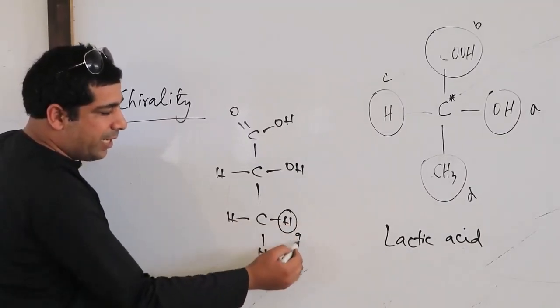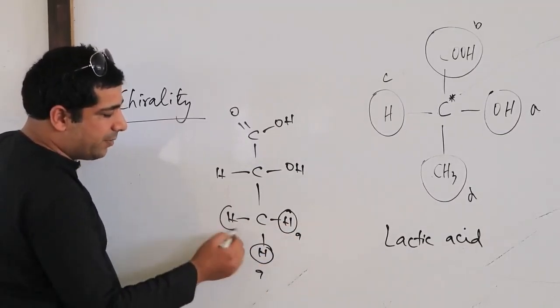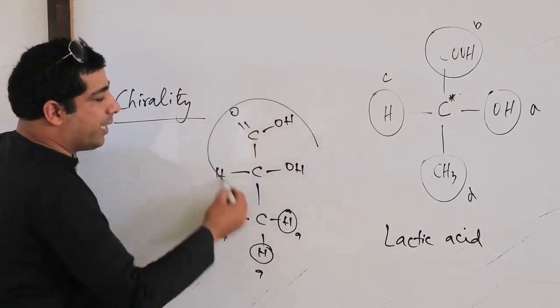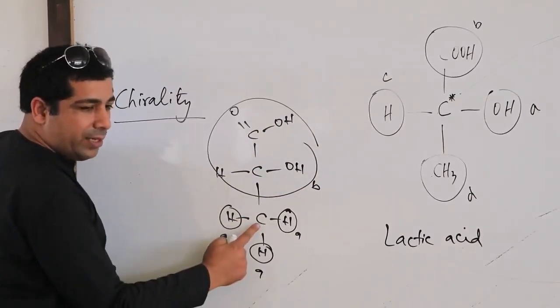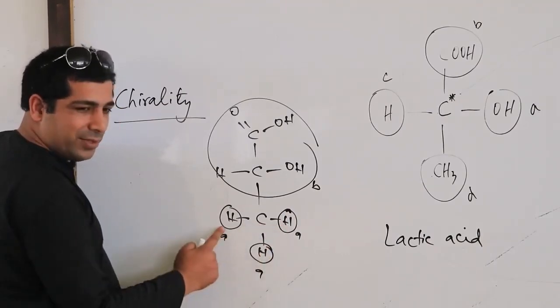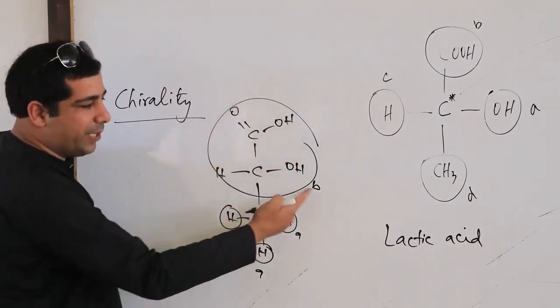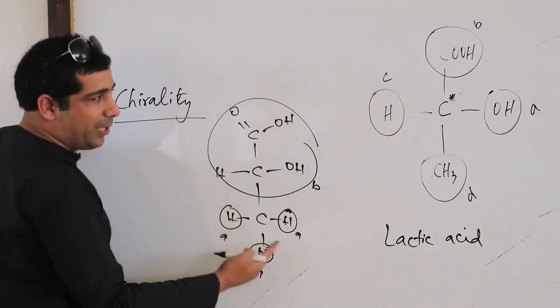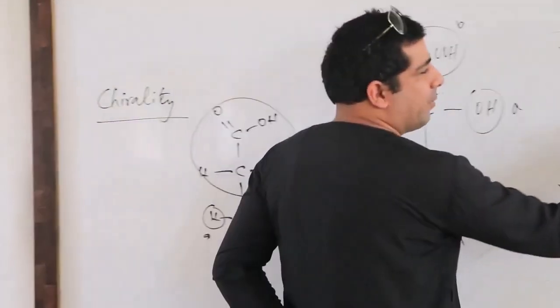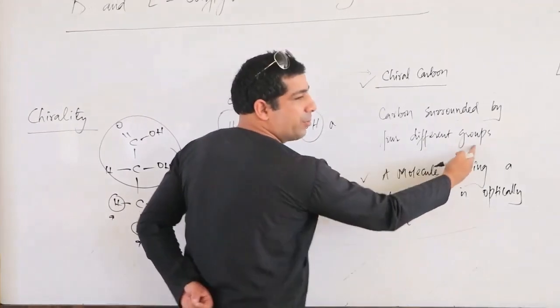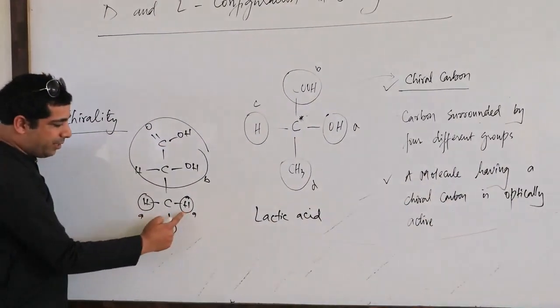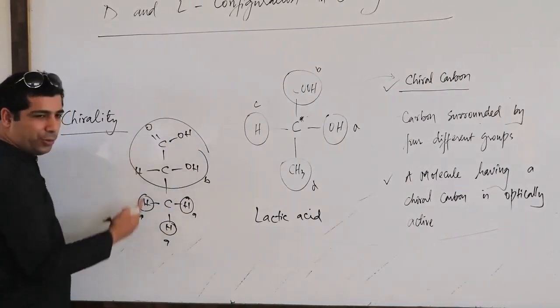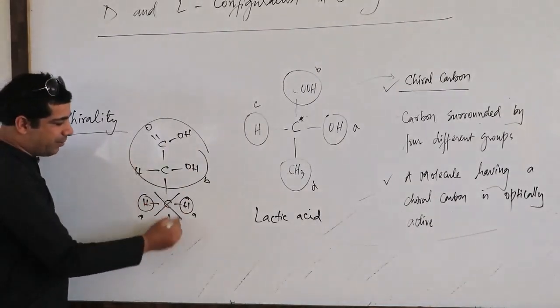I can call it as A, this one also as A, this one also as A, and this group I can call it as B. So this carbon is surrounded by 3 similar groups and 1 different group, that is B. So it cannot be chiral. I told you chiral carbon means carbon surrounded by 4 different groups. Look at this carbon. This is surrounded by 3 similar groups and 1 different group. So this is not a chiral carbon.